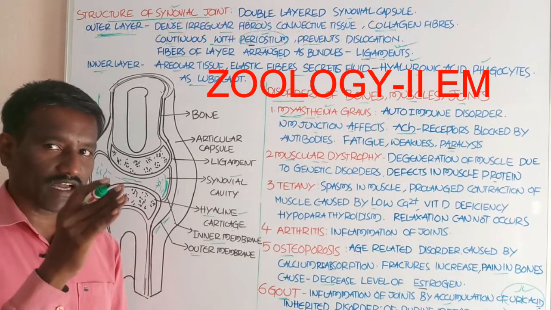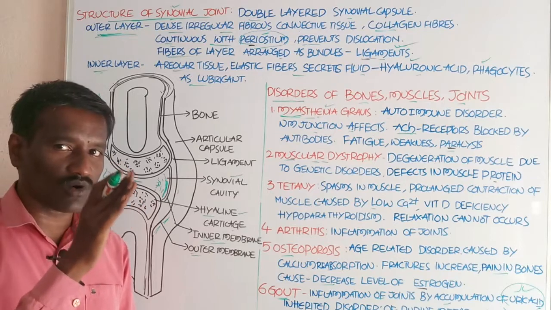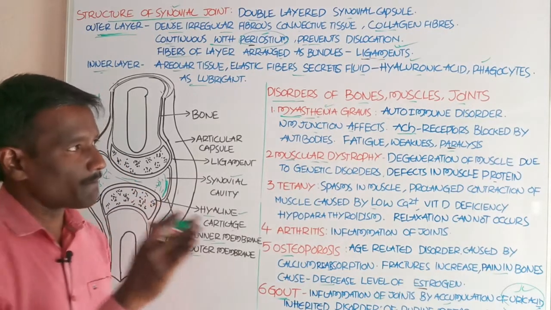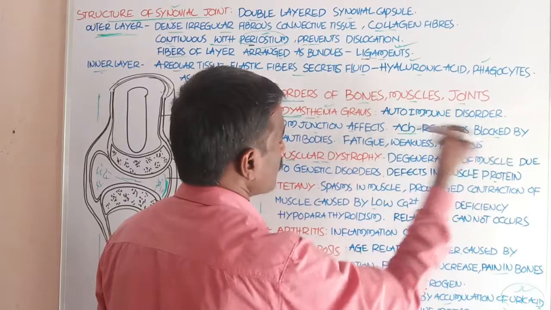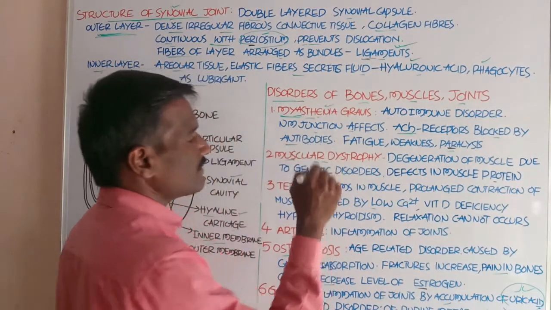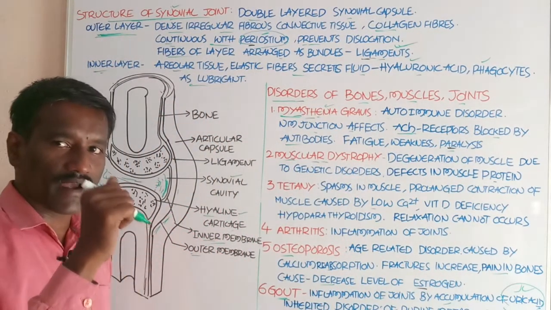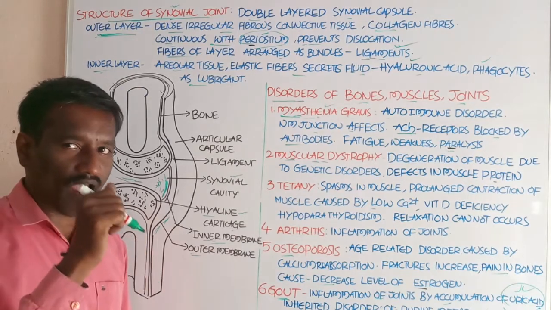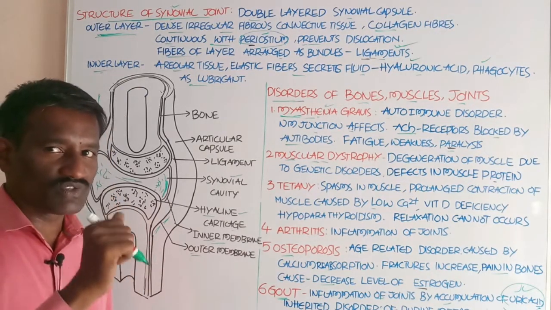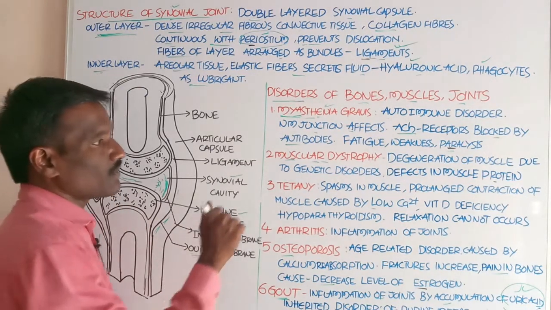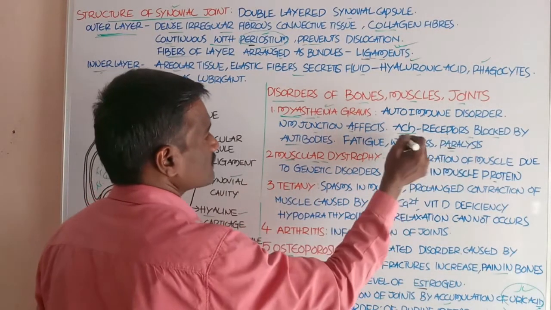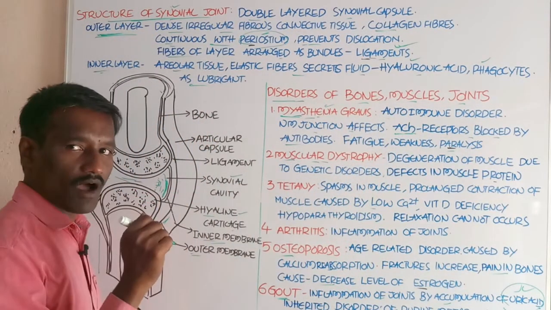Okay, these acetylcholine receptors are blocked by antibodies, circulatory antibodies produced in the body. These block the acetylcholine receptors.